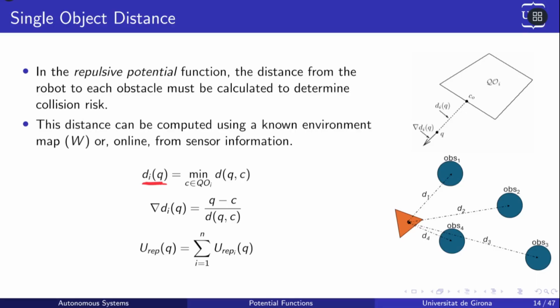Then if an obstacle has this shape, imagine this square or squarish shape, the minimum distance here is maybe here, but if I'm in this position, the minimum one will be this one. If I'm here, the minimum one probably will be this one, etc. Then I need to be able to compute the minimum distance to any segment or any portion, this C, from this obstacle.